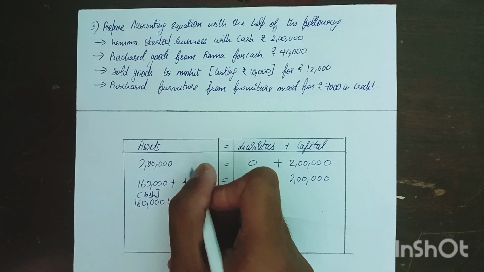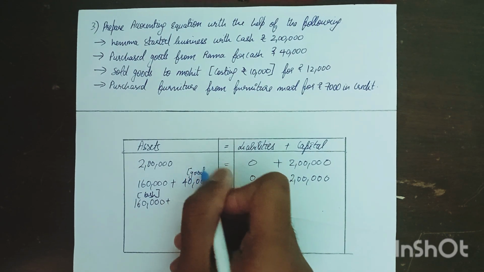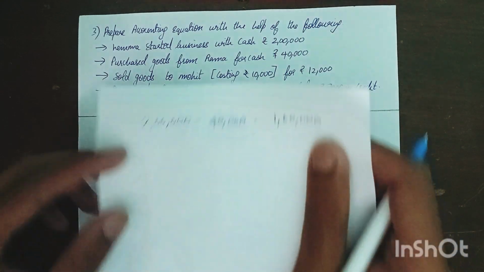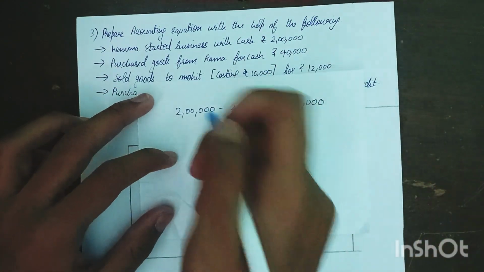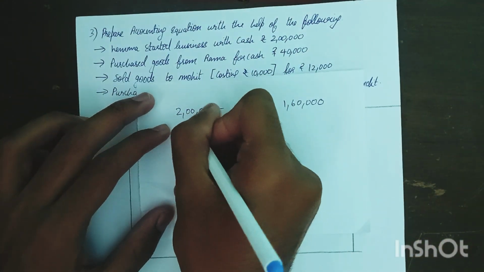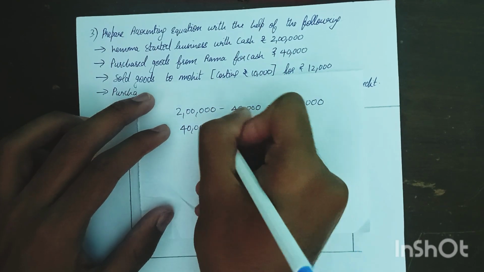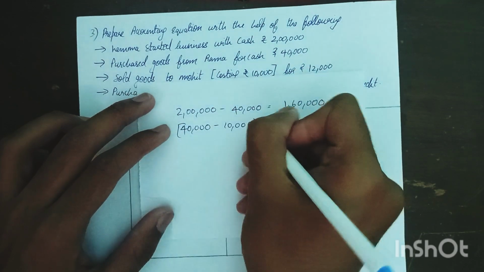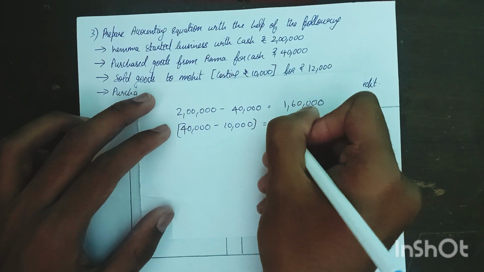These are goods. Okay, cash. So he sold goods costing 10,000. So first we'll subtract 10,000 from 40,000, which will give us 30,000.